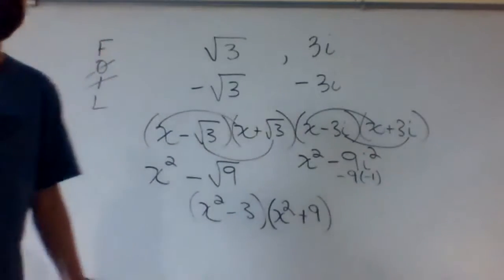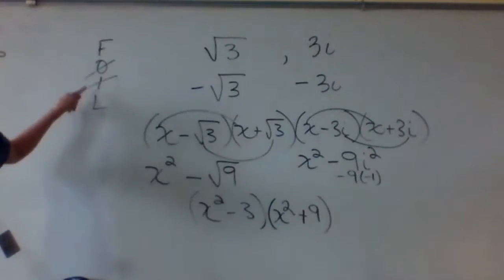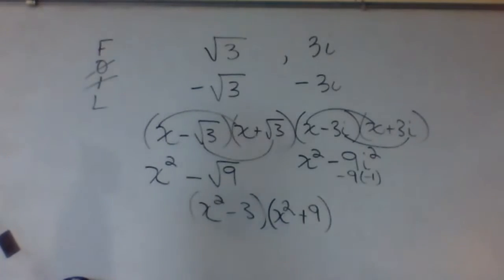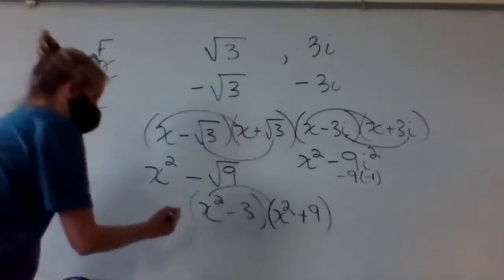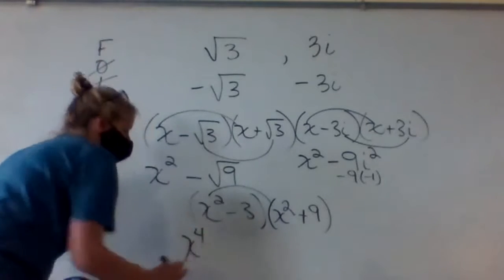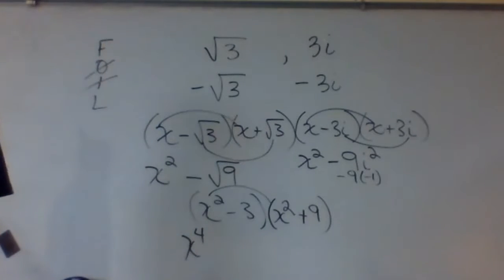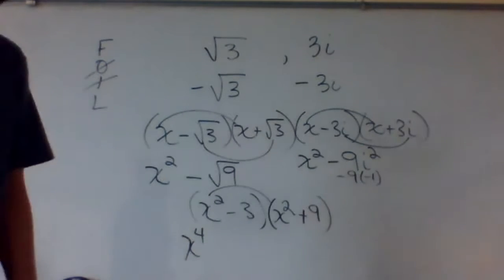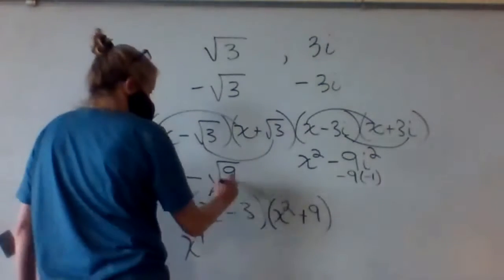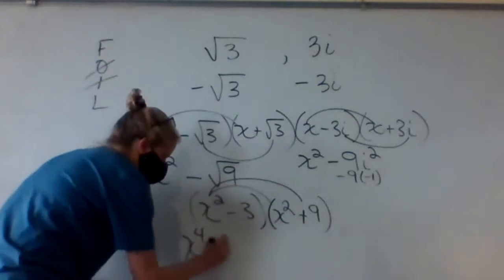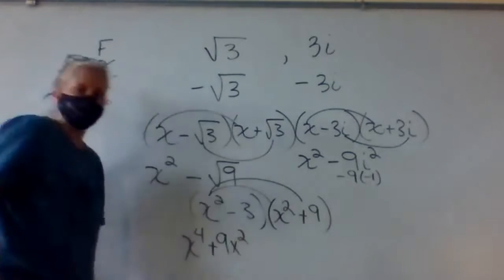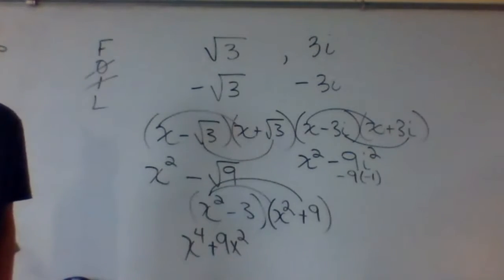Which means I do have to do the outer and the inner because they're not going to cancel each other out. So my first, x squared times x squared, gives me x to the 4th. Or x quadruple. I never thought about it like that. What's my outer going to give me? x squared times positive 9. This gives me positive 9x squared.